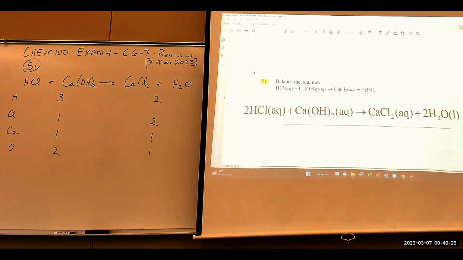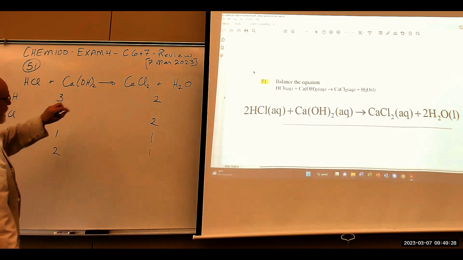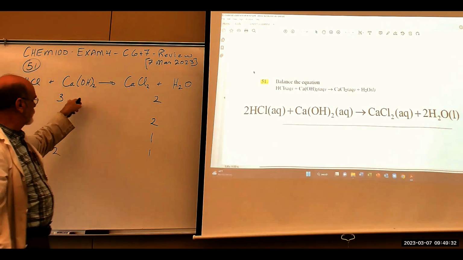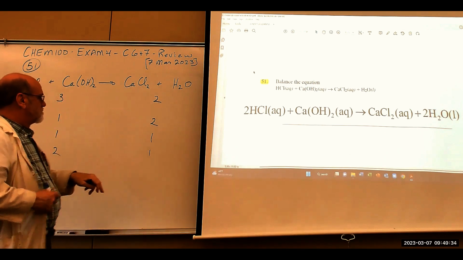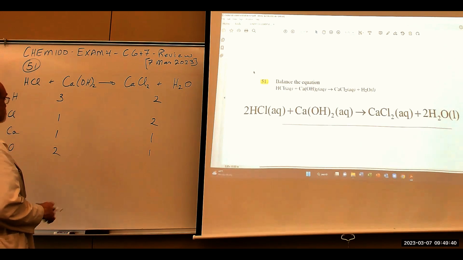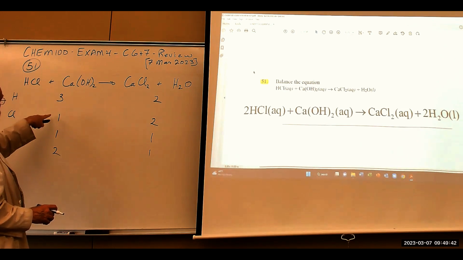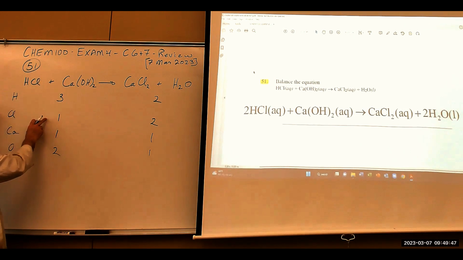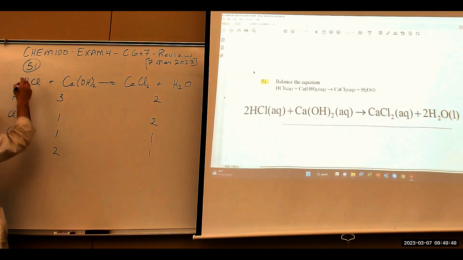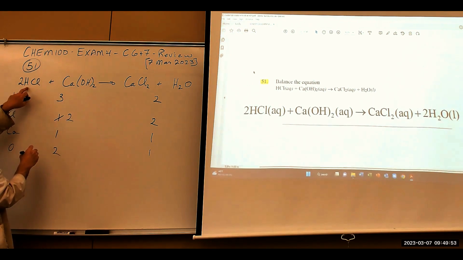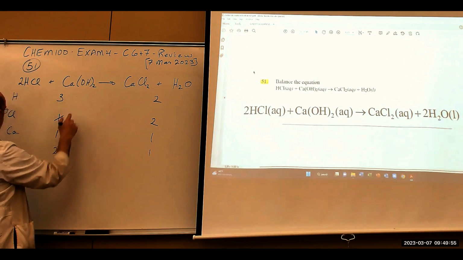Okay, where do we start? Well, again, hydrogens are in 2 different places here, so we can't cross multiply with this 3 and a 2. So we could start with this one, chlorine. Let's put a 2 here. That gives us 2 chlorines, and it gives us 2 plus 2 is 4 hydrogens.